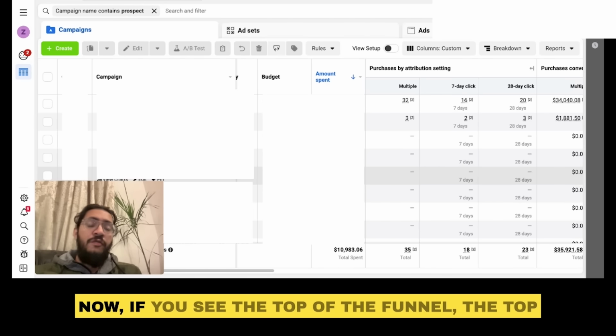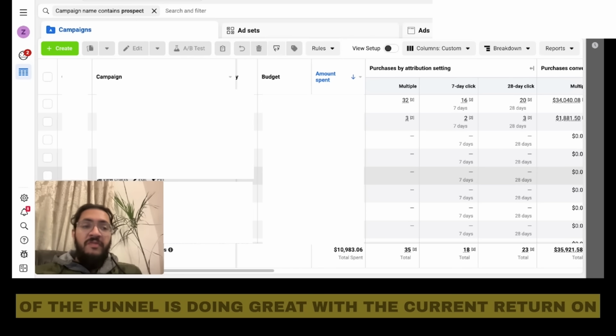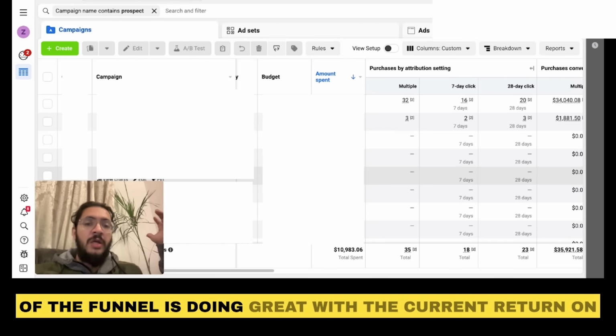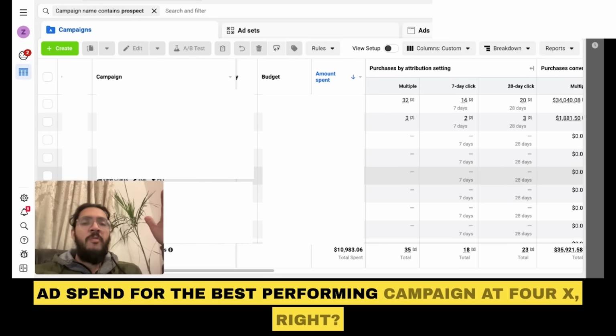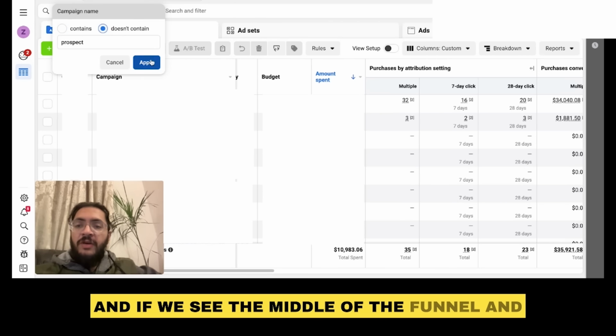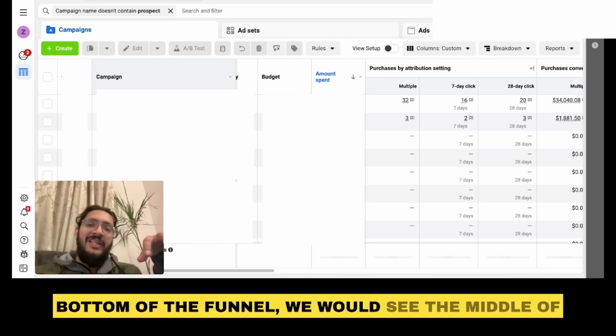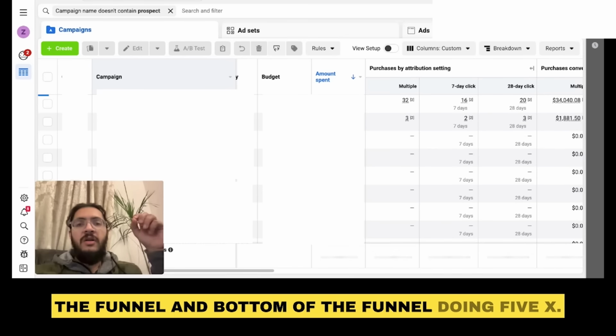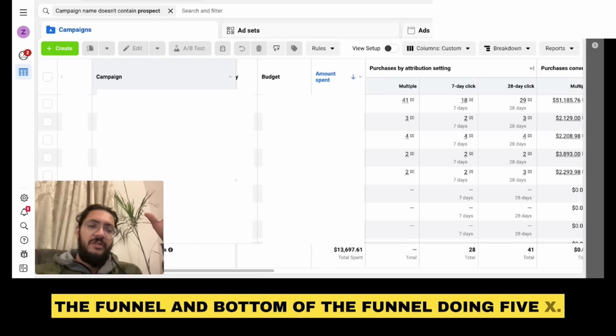Now the top of the funnel is doing great, with the current return on ad spend for the best performing campaign at 4x, right? And the middle of the funnel and bottom of the funnel are doing 5x.